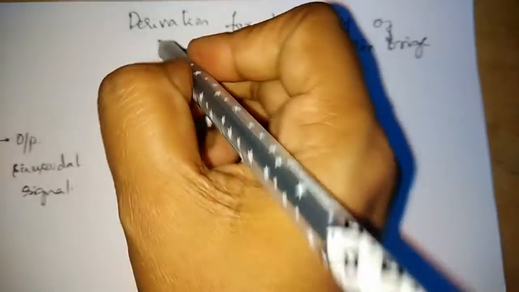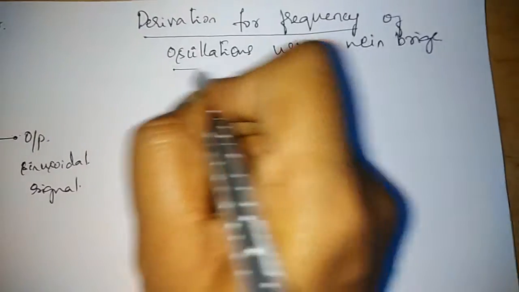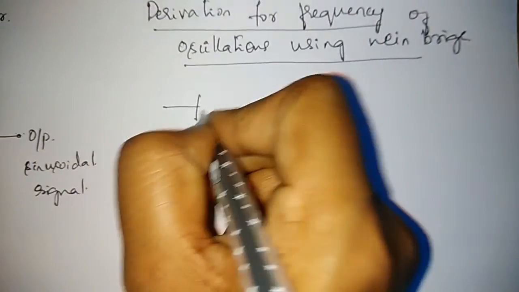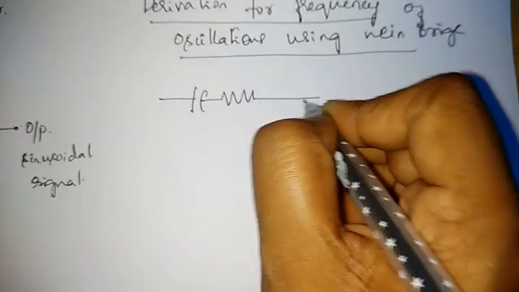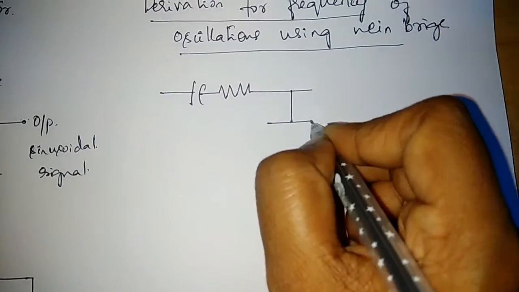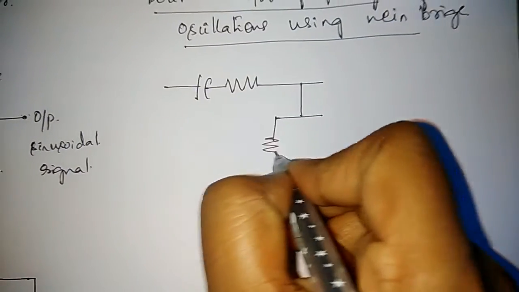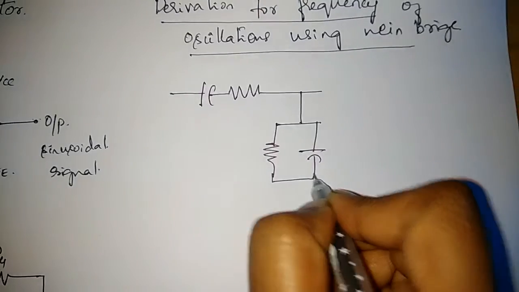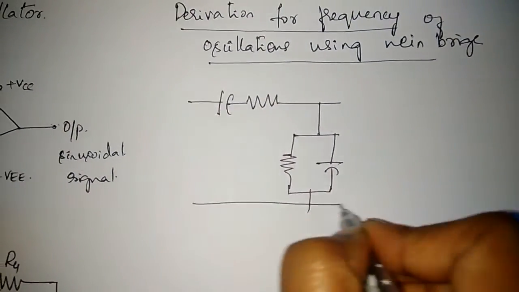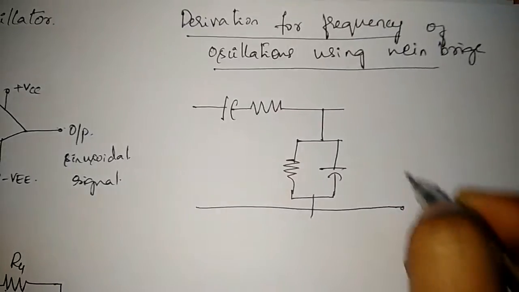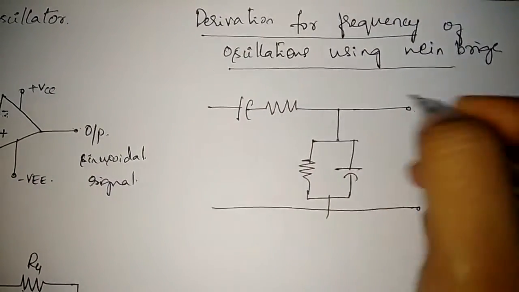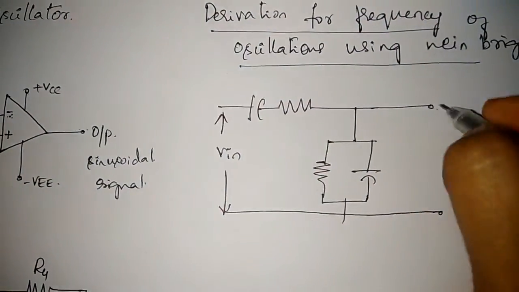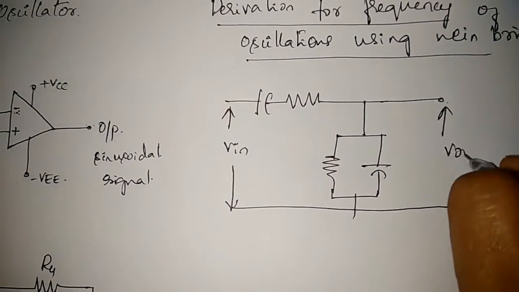I'll consider only the bridge circuit here. It consists of one resistance and capacitance in series and one resistance and capacitance in parallel. Only the bridge circuit we have to consider. So this is what your bridge circuit is, isn't it? So here, this is V in and this is V out.